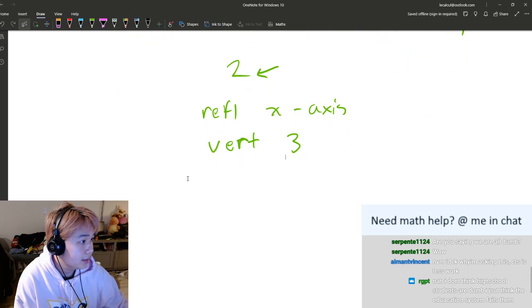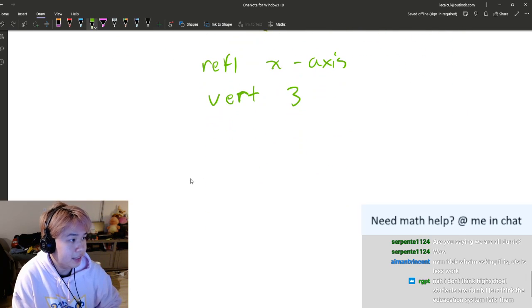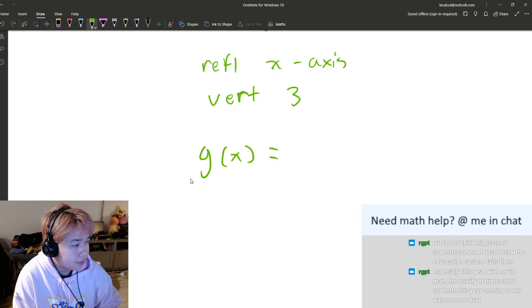Okay. So there's 3 things happening, right? And essentially, if we were to use function notation, this is -3 times f of x minus 2, or plus 2, because you're moving to the left 2 spaces.